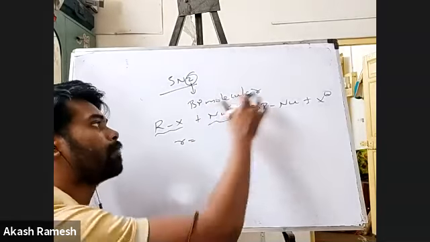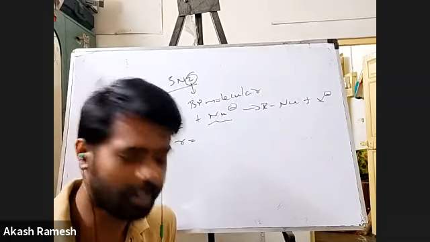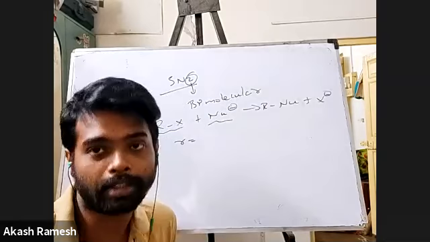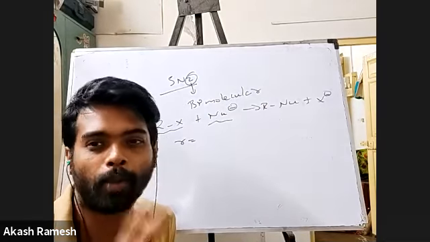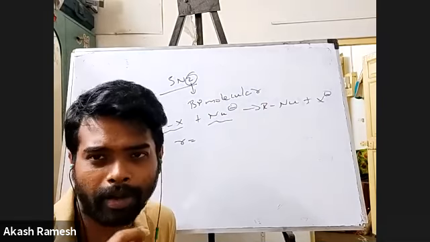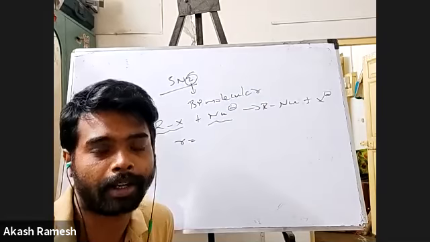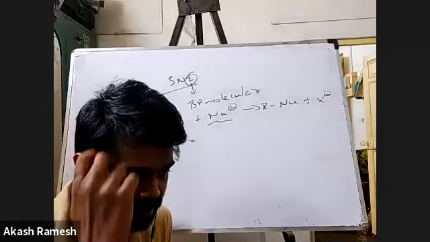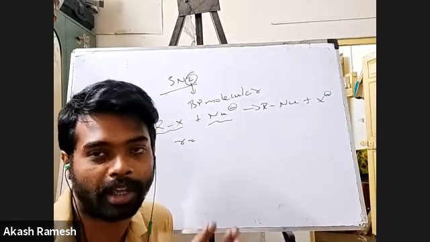So if I say it's bimolecular, now I want to tell something here. When I go to kinetics, there are 2 kinds of reactions you can see. One are called elementary chemical reactions, and the other are called complex chemical reactions. Please understand, elementary or simple, both are the same.